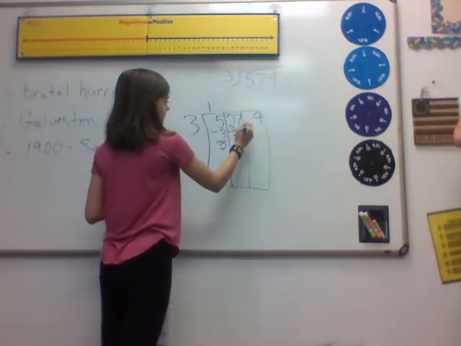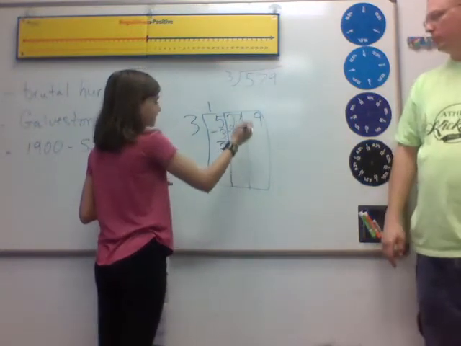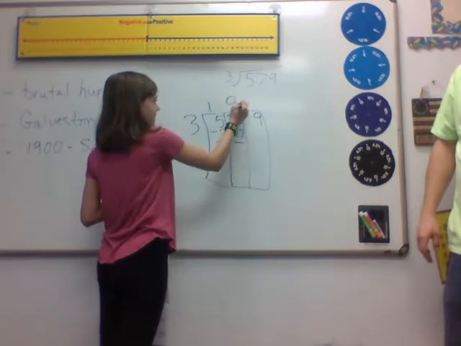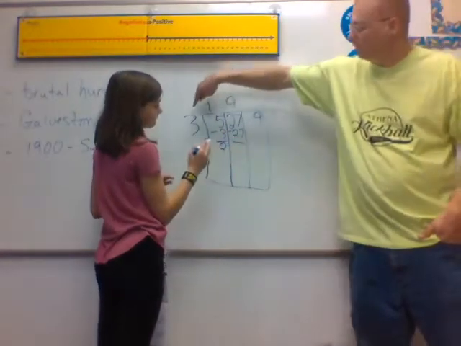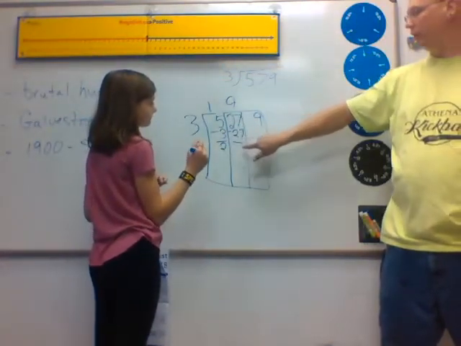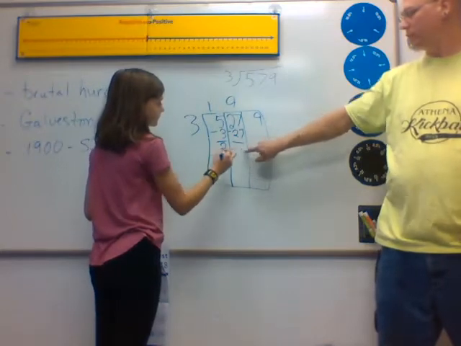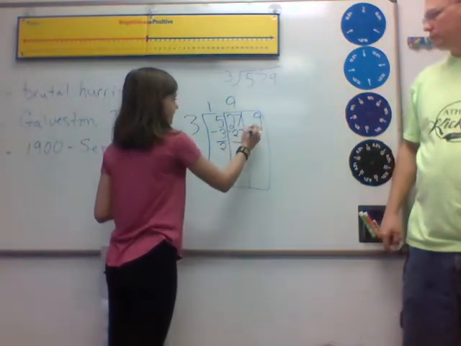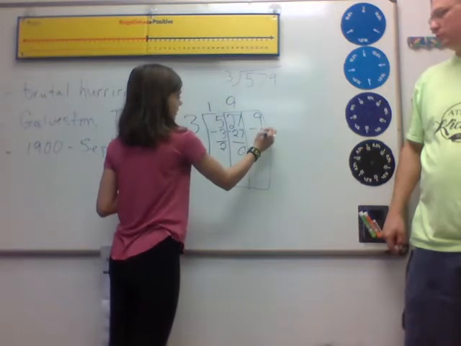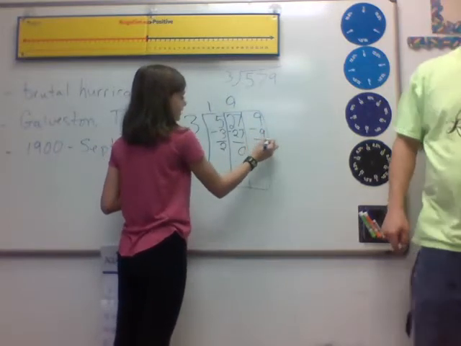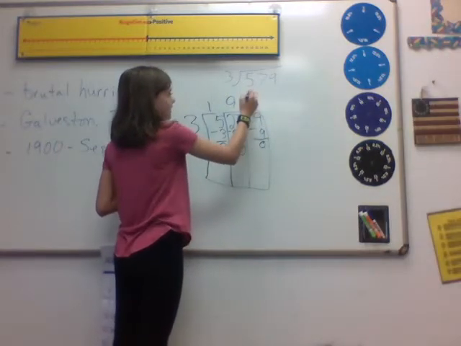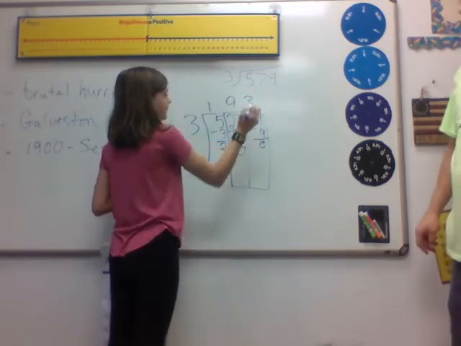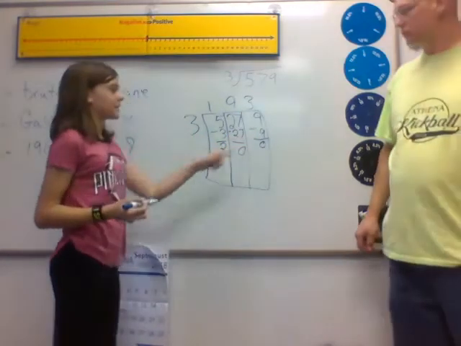Minus 27. What to get 27 is 9. So 9 times 3 equals 27, and we're not going to have any leftovers. You're going to have 0, and then the next 9 minus 9 is going to be a 0. This would be 3, because 3 times 3 equals 9.